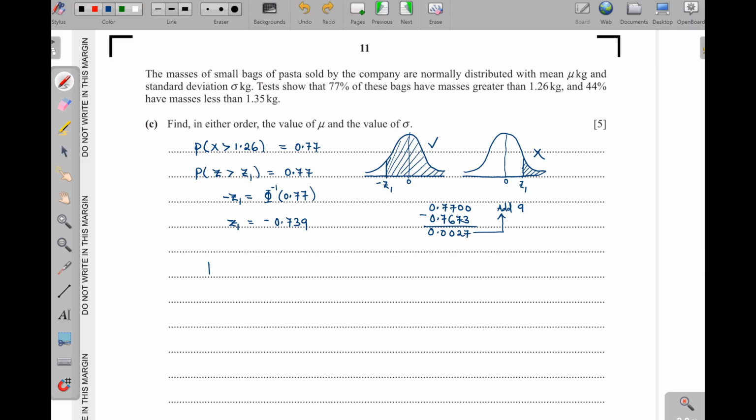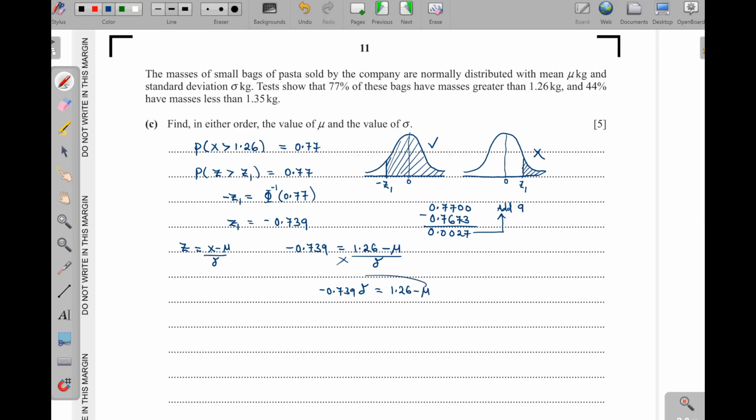Okay, since z is equal to x minus mu over the standard deviation, then we can have negative 0.739 is equal to our x, which is 1.26, then minus mean, then over the standard deviation. If we cross multiply, then we have negative 0.739 times the standard deviation equals 1.26 minus mu.